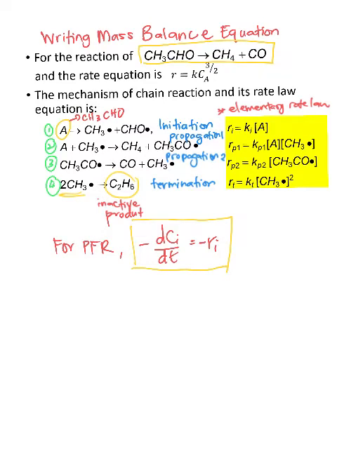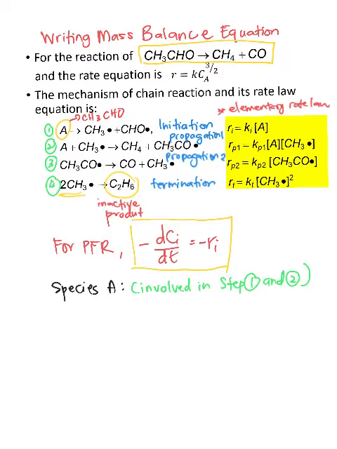First, we need to write the mass balance equation for species A. If you look at the mechanism, we write the mass balance based on the mechanism of reaction. Based on the mechanism, species A is involved in step 1 and step 2.